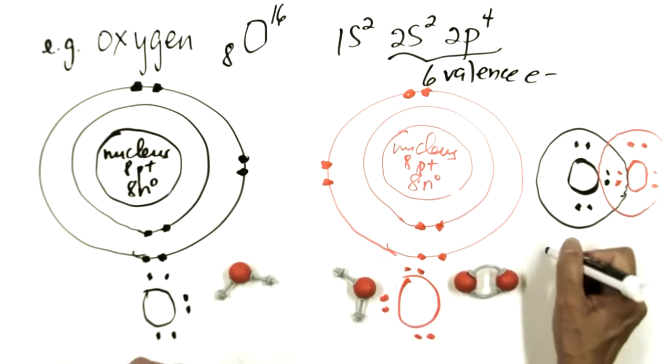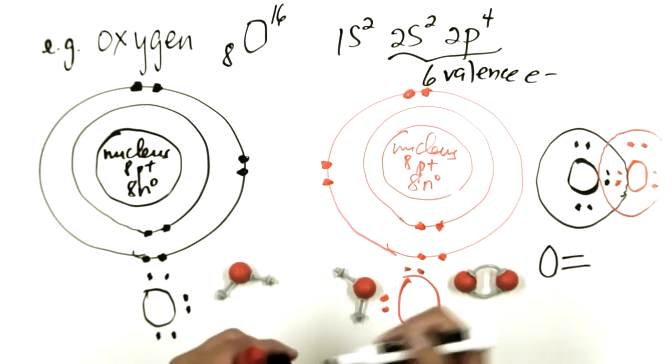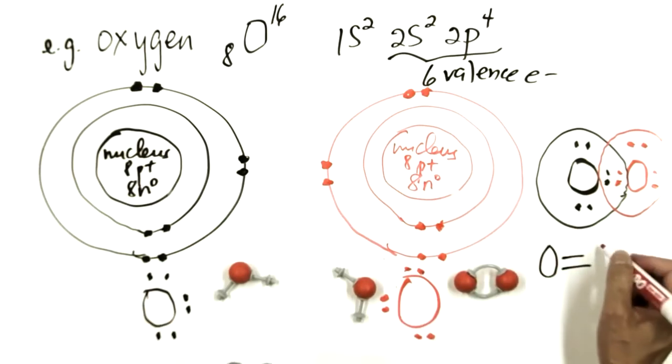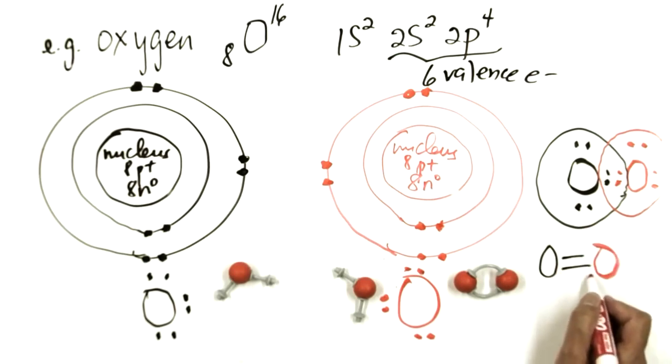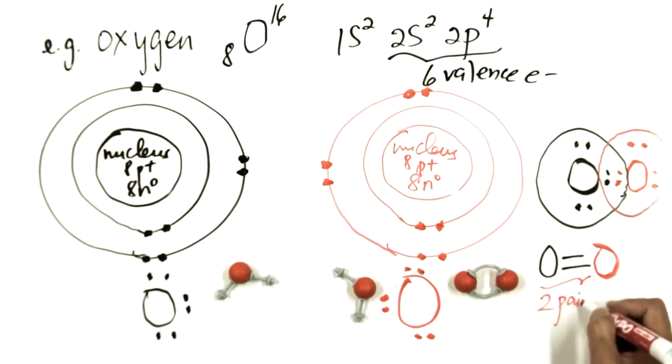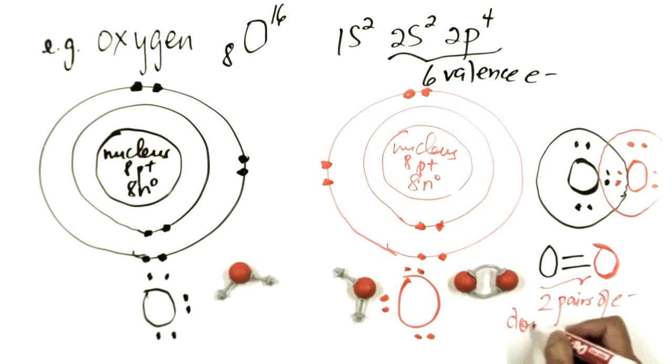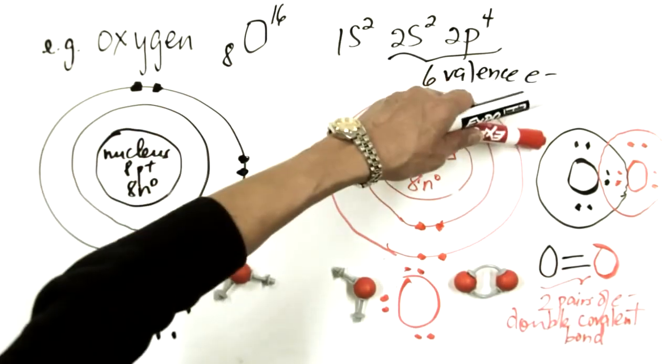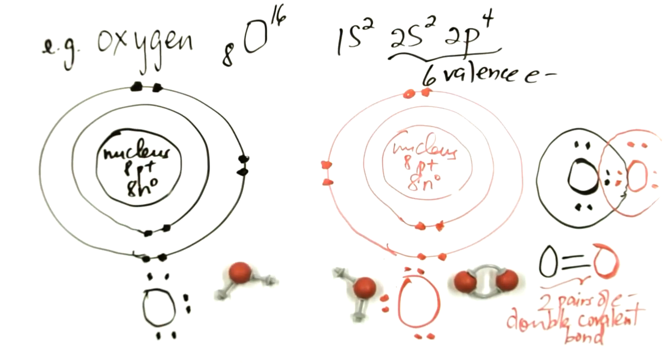Redrawing this model, you would have O with a double bond O. So this is actually sharing 2 pairs of electrons, and we call this your double covalent bond. Each oxygen atom shares 2 pairs of electrons, so that at the end, both of them become stable.